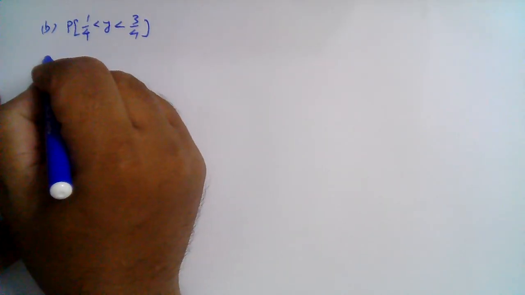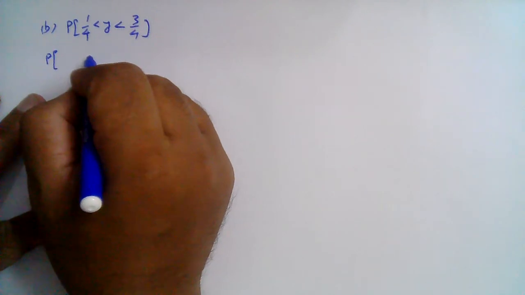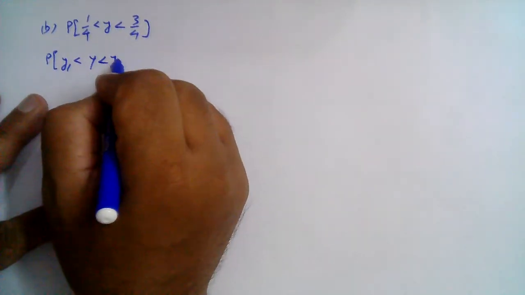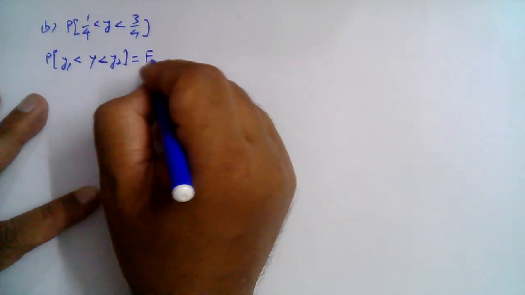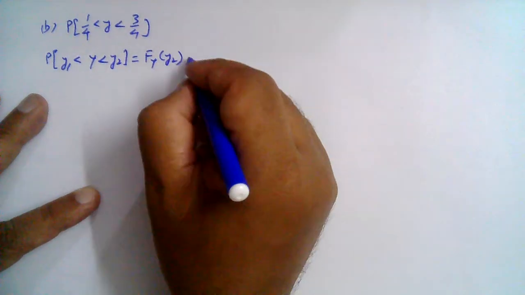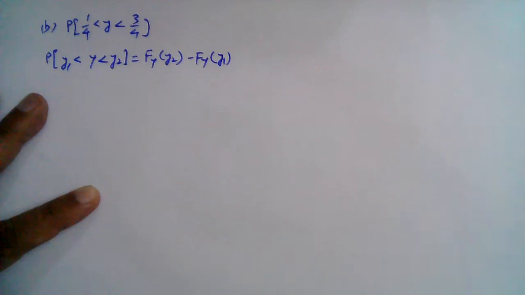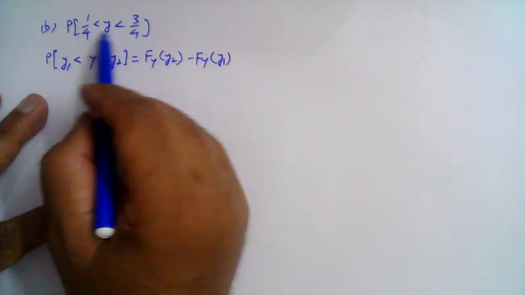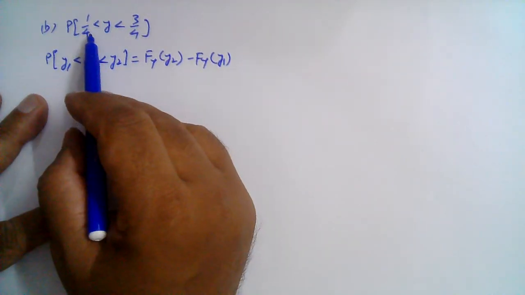For the CDF, we know that the probability that random variable y is greater than y1 and less than a value y2 is given by the value of the CDF at y2 minus the value of the CDF at y1. So we need to just substitute the values of the CDF at 3 over 4 and then minus the value of this CDF at 1 over 4.